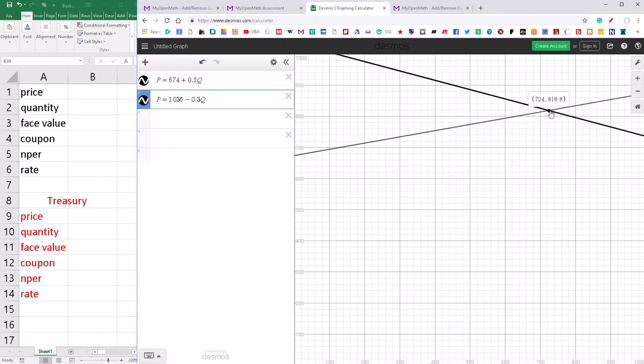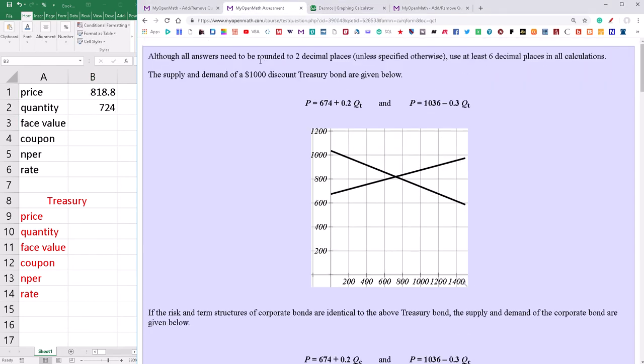And the price of these bonds is $818.80. The quantity is 724. The face value of these is $1,000. There is no coupon because it's a discount bond. Zero coupon bonds are discount bonds. And then the number of periods is 1.